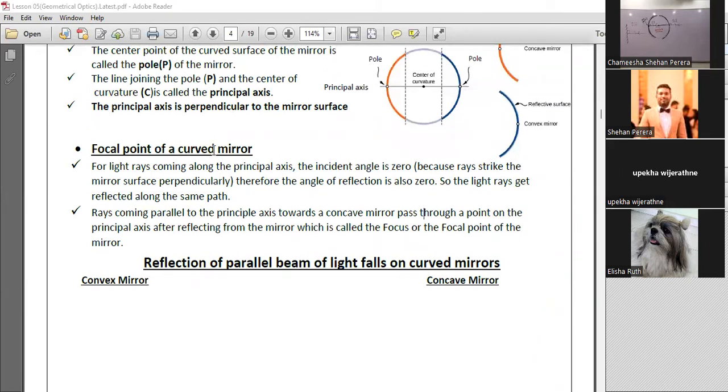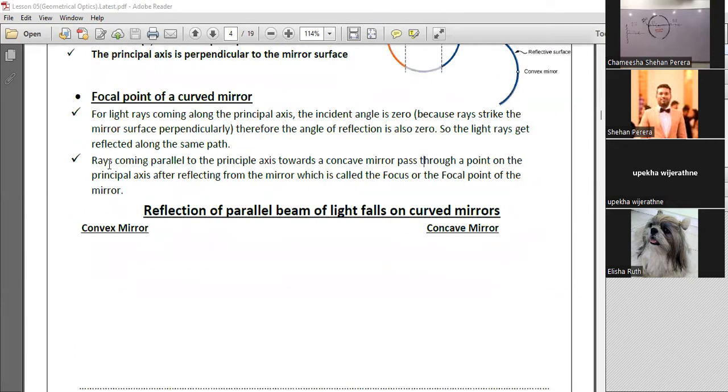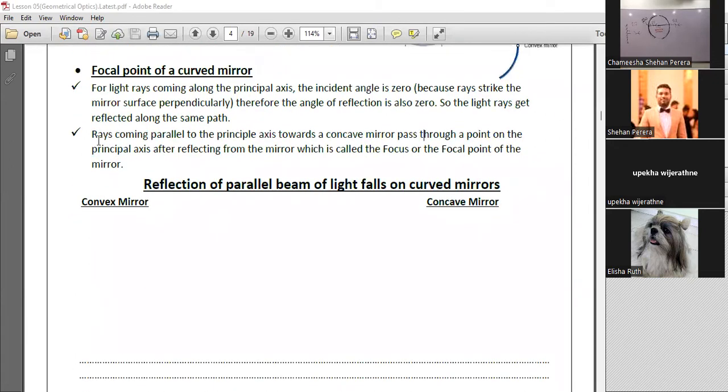So from focal point, focal point of a curved mirror, for light rays coming along the principal axis, the incident angle is 0 because the rays strike the mirror surface perpendicularly. Therefore, the angle of reflection is also 0, so the light rays get reflected along the same path.